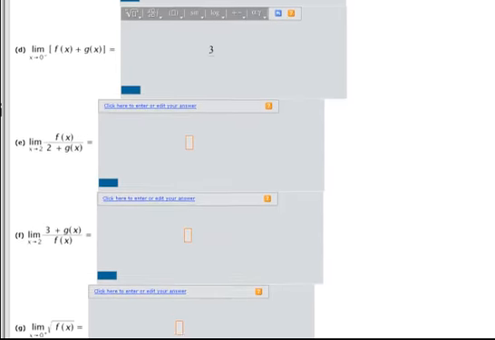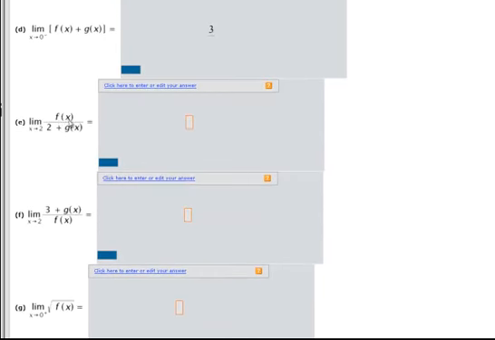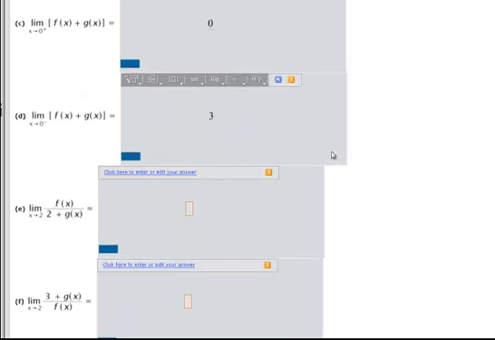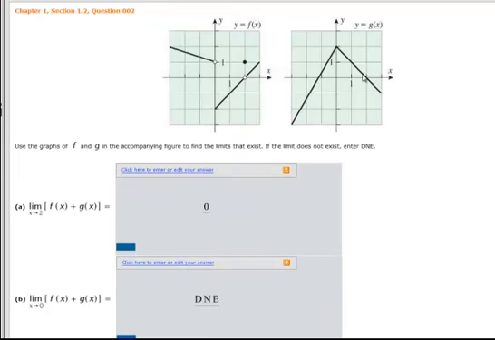And then now here we have a quotient, and the limit of a quotient is the quotient of the limits. So as x approaches 2 of f of x, again we have 0.